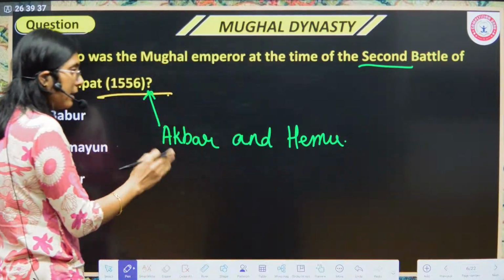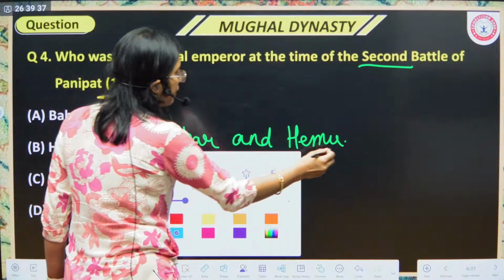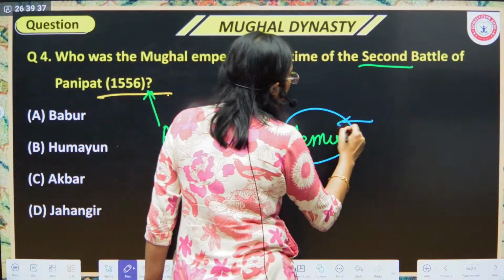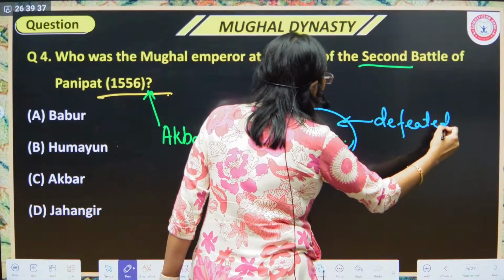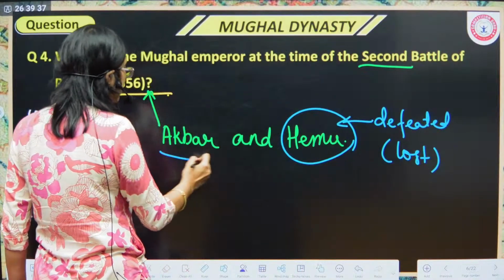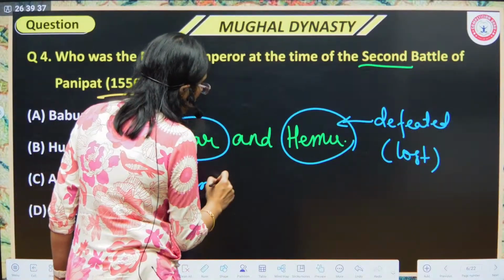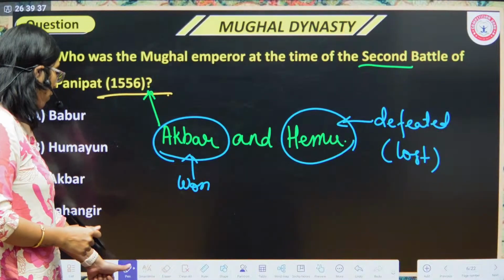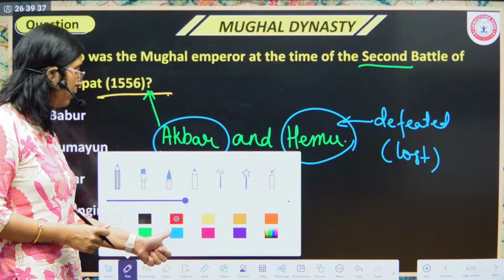Right. In this battle, Hemu was defeated. He lost the war, and obviously Akbar won the war. But Akbar was, at that time, too small for this.